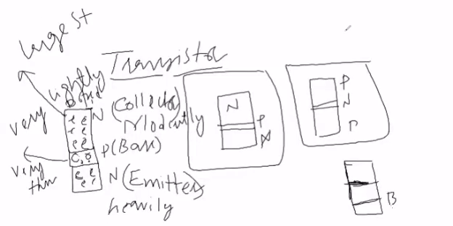So this is the base emitter junction because this is the emitter region, and this is the base region, and this is the collector region. This is the base emitter junction, and this is the base collector junction.